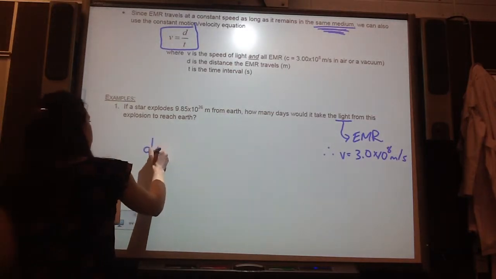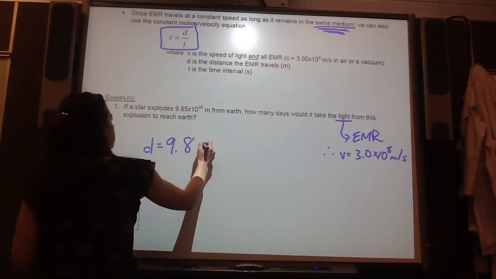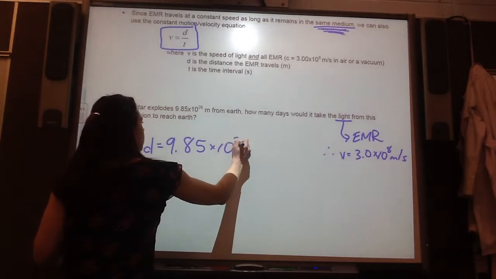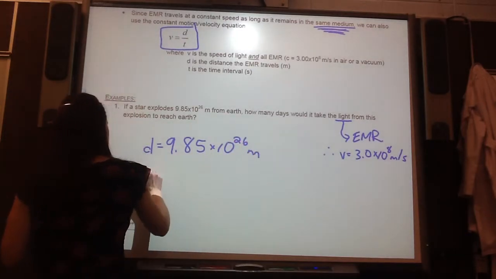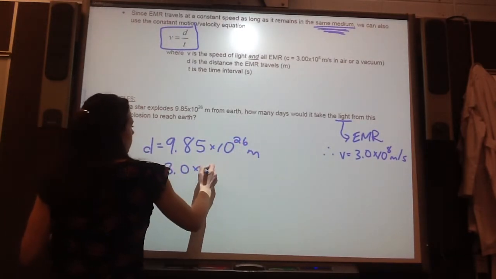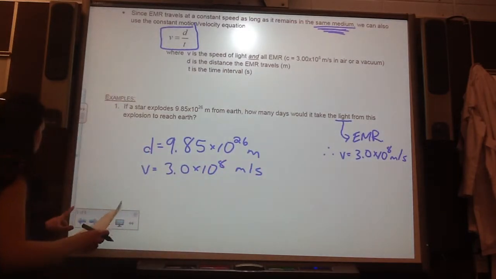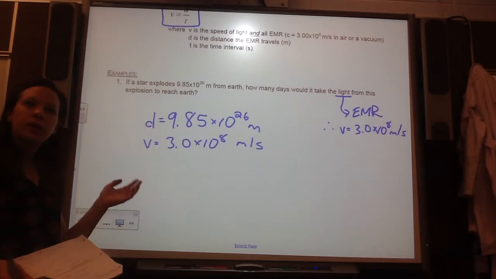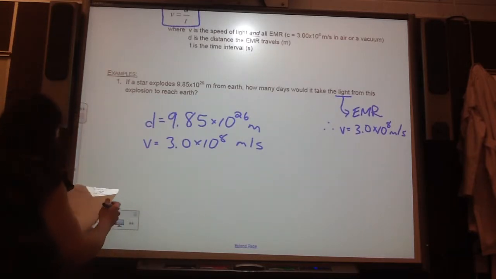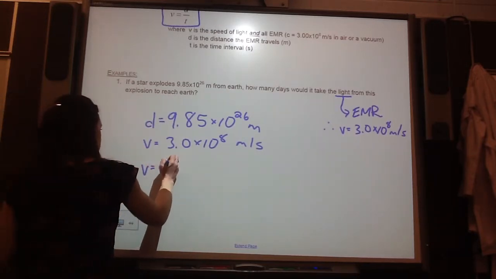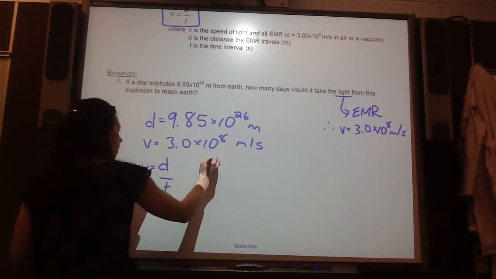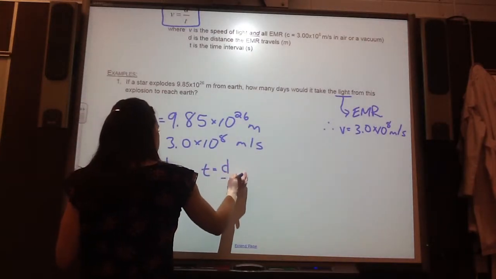I know my distance, and it gave it to me in meters, which is nice. Okay, so first you want to find your time in seconds, and then we'll convert it into days. So if V equals d over t, then t equals d over v.